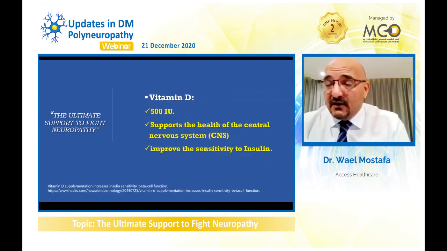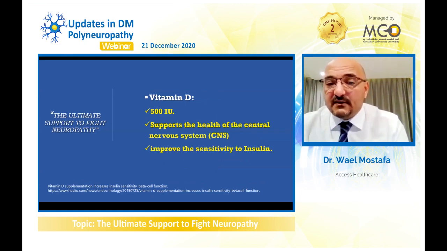Vitamin D, which is available in this upgraded formula at 500 IU, which is what we need on a daily basis, supports the health of the central nervous system, and that has a big effect on the relief of neuropathy for the patient.